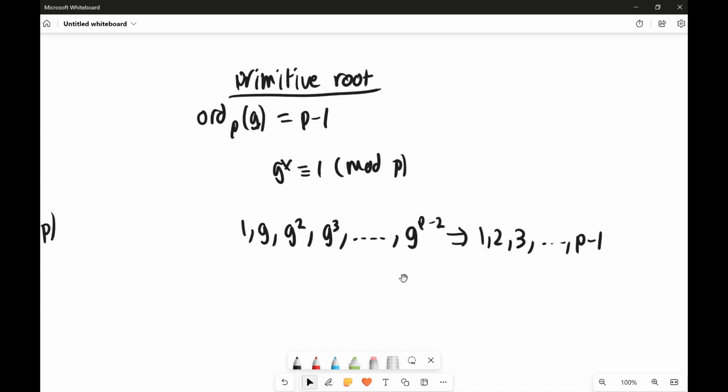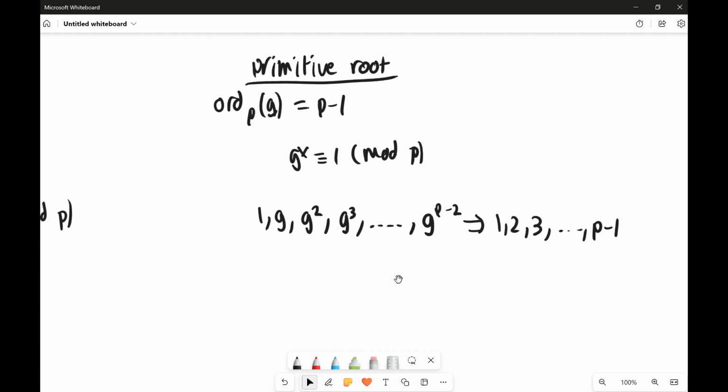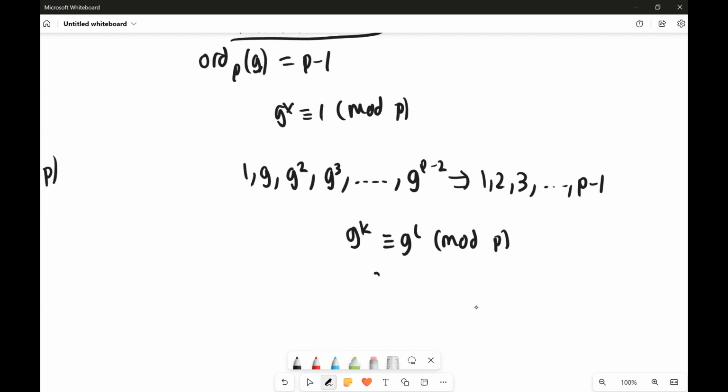And the reason why this happens is because if they weren't the same, then two of these numbers in the list must be the same. So g to the power of k is equivalent to g to the power of l modulo p. And as a result, this means that g to the power of k minus l, and we're going to assume that k is greater than l, is equivalent to 1 mod p.